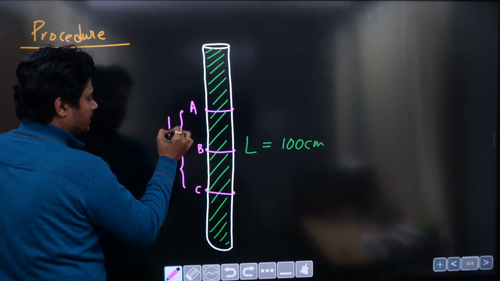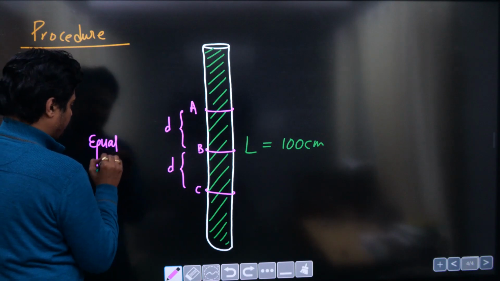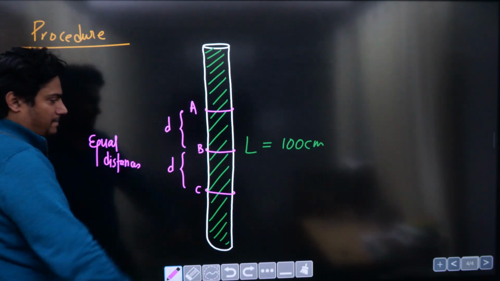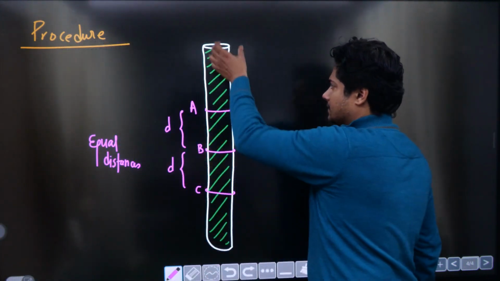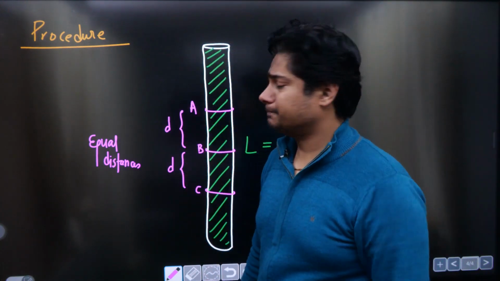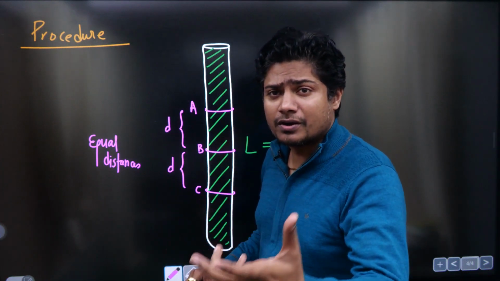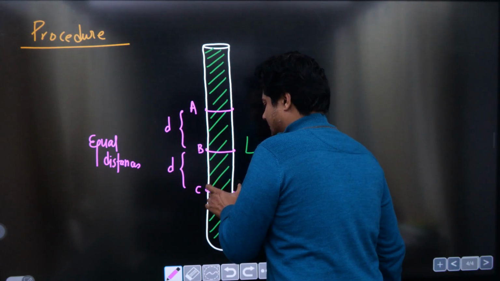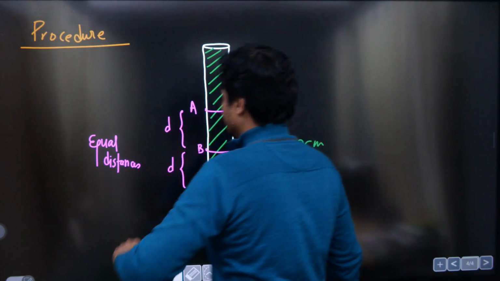Let's say this is also D and this is also D, equal distances. Alright, very simple setup. Just take a long, 1 meter long, let's say, test tube, fill it with some mustard oil or glycerin, and just put the rubber bands at some points which are separated by these distances.